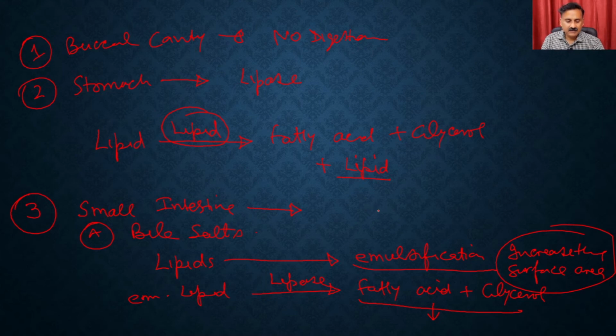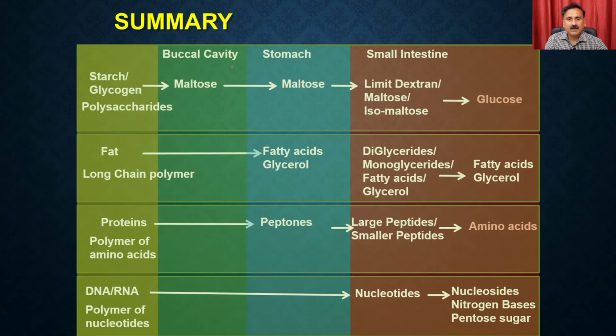So, now let us summarize what we have discussed on the digestion of the other molecules, right. Once you start with the sugar, which could be starch or it could be glycogen, right, starch is a plant based sugar, whereas glycogen is the animal based sugar, and both of these fall into the category of polysaccharides.